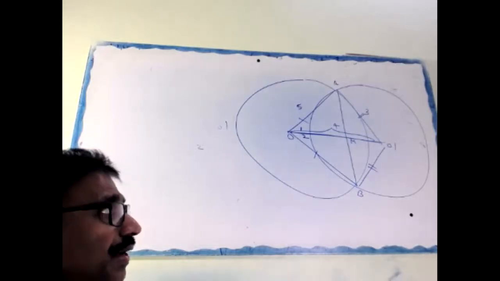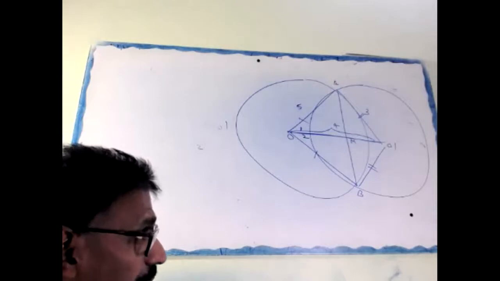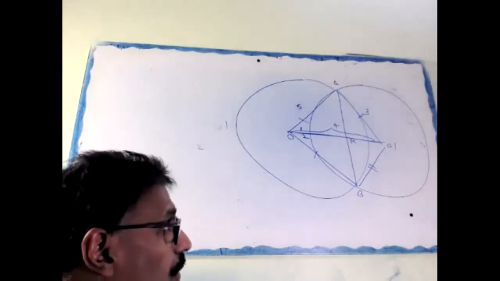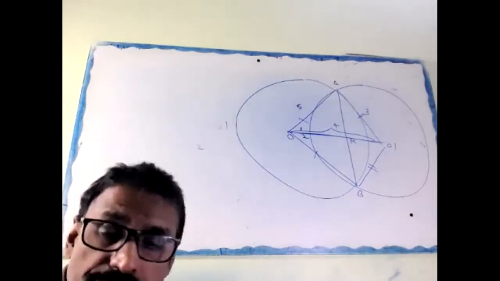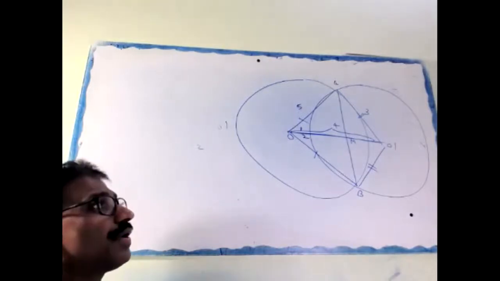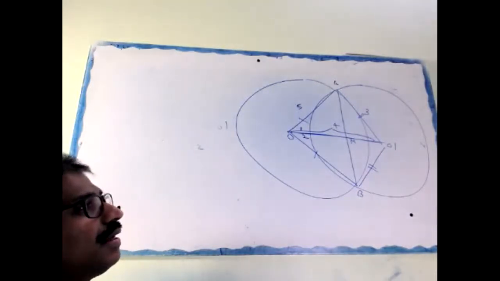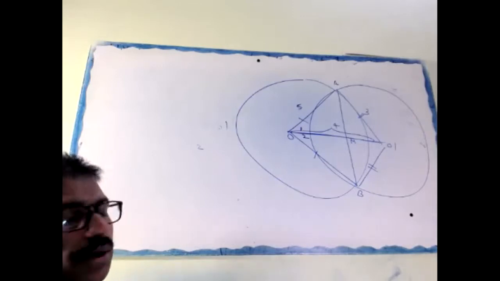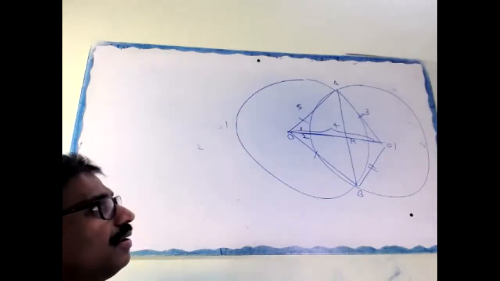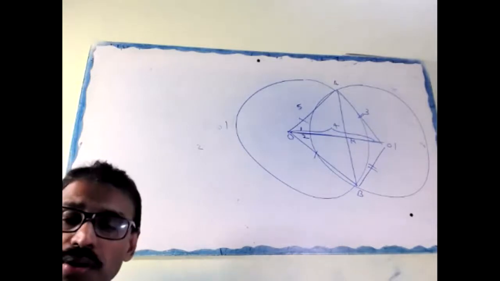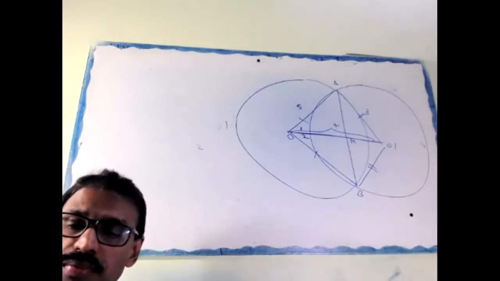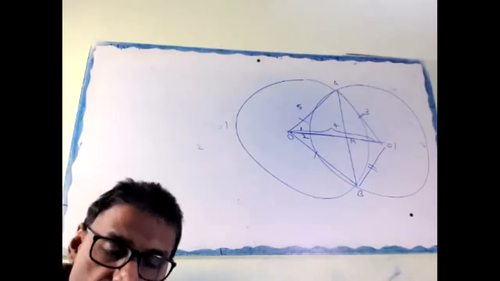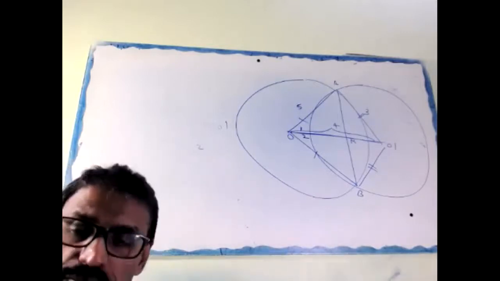Can you try the area of triangle, sorry, O dash? Three sides are given: 5, 3, 4. How will you find the area of the triangle? Find it right now.